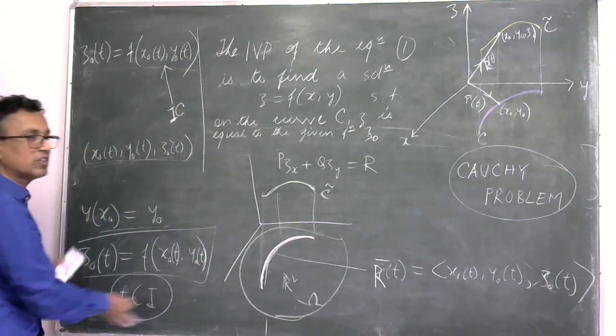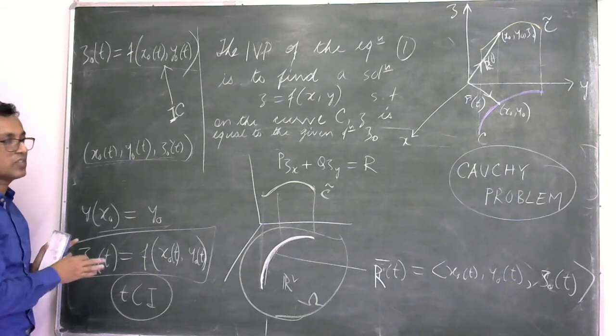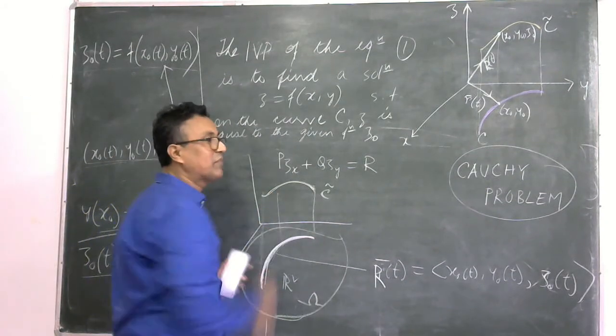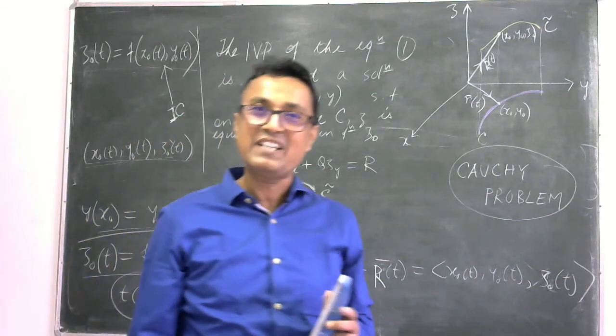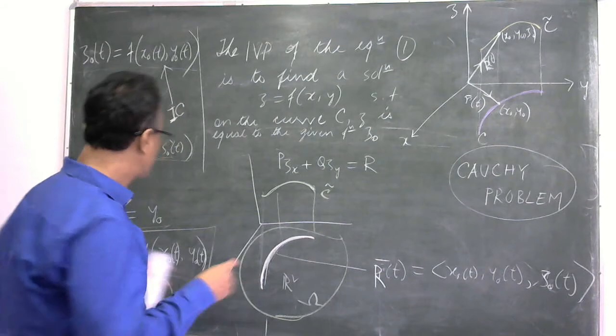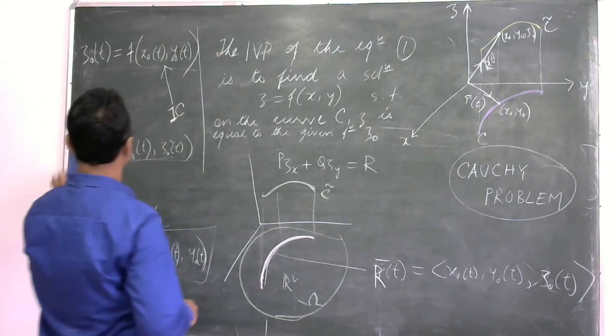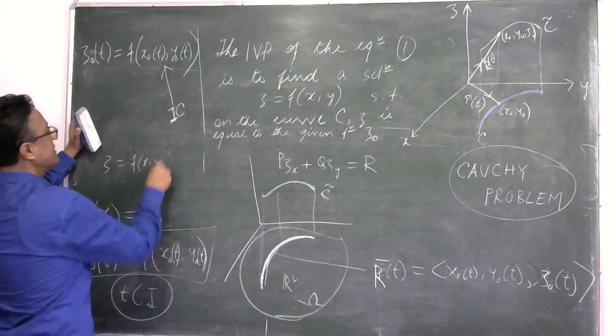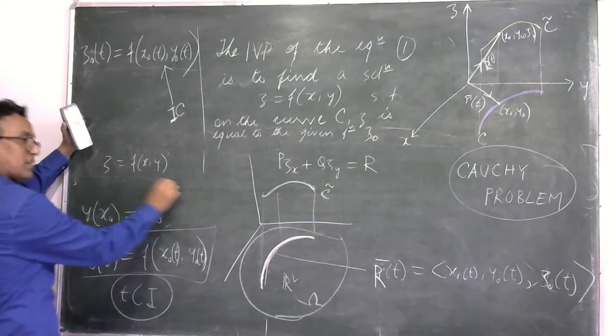Okay. So now, I think the theorem I'll do in my next class, but before that, because the initial condition is clear now, obviously what I have got is only a curve in space, isn't it? So now I am seeking a solution of this form, z equal to f of x, y, which is going to be a surface.